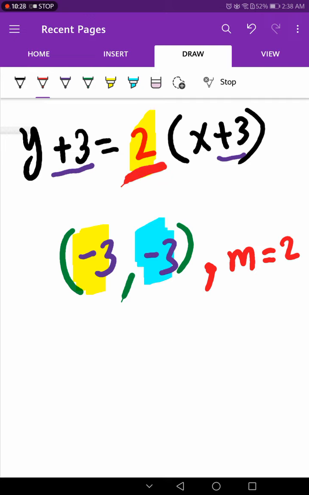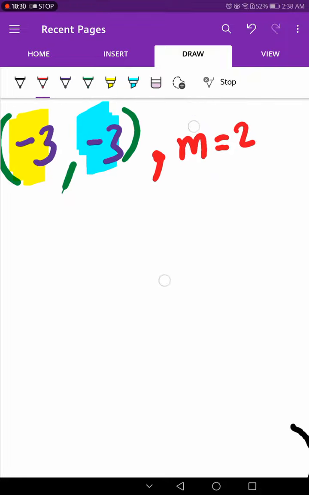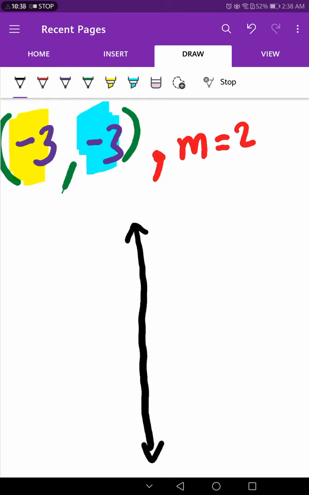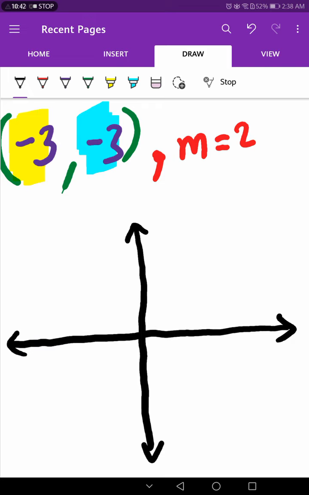Now, next, how to graph this? It is easy. I draw the xy coordinate and plot this point, negative 3 and 3, which is here.